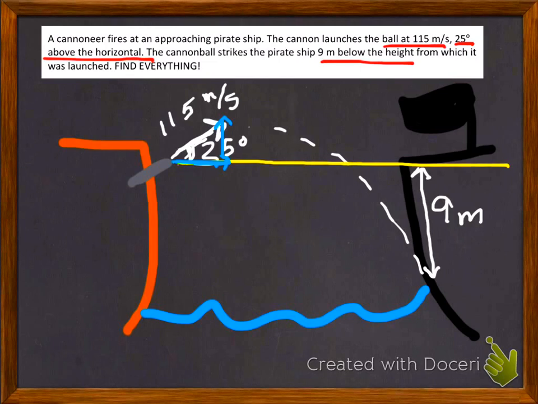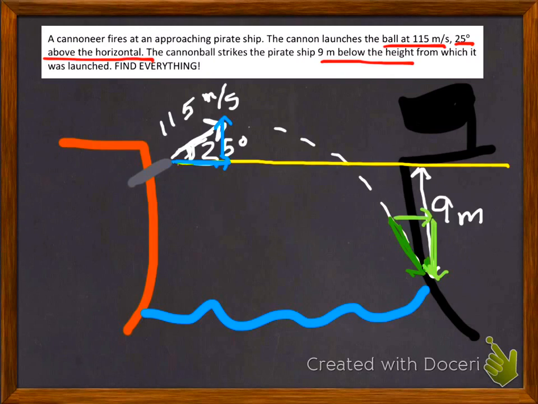From the information we're given, we'd also be able to figure out the cannonball's final velocity. How fast is it going at the end? And just like we did with the initial, we'll know that that final velocity is going to be made up of different pieces. One that goes across, the horizontal component, and one that goes down, the vertical component.